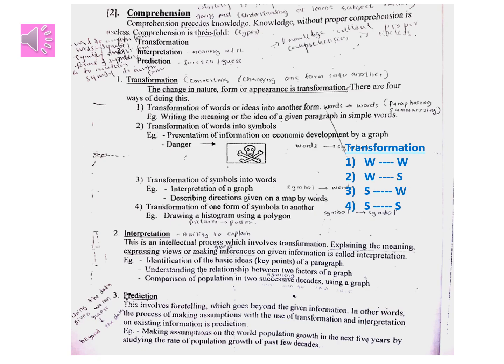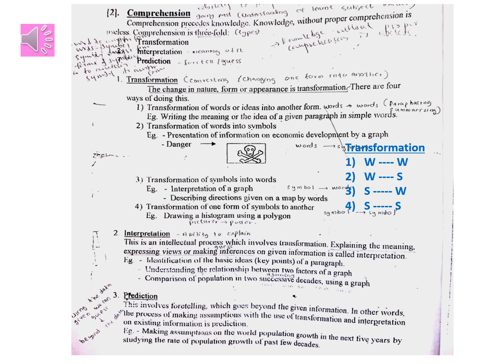This involves foretelling, underline foretelling. Interpretation is explaining or expressing ideas. Foretelling means which goes beyond the given information. You read the information and you say something about what will happen in the future based on the given information.